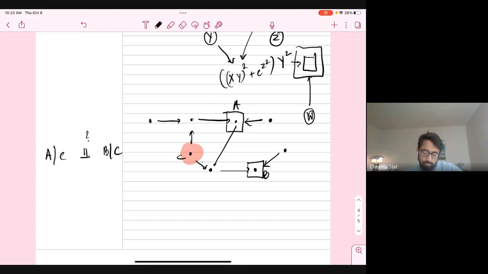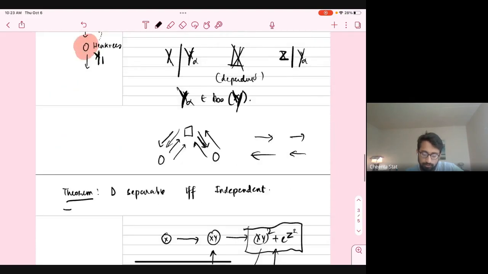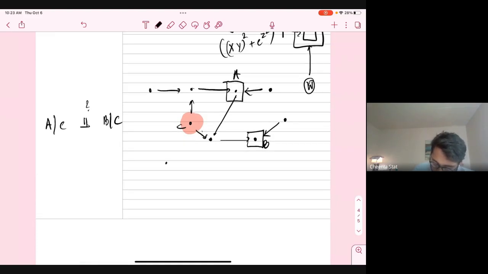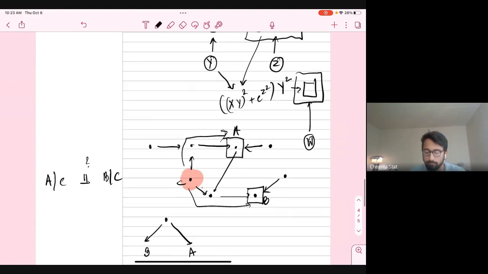So you can see the structure here. That C is pointing to this, and it's pointing to A, and hence they must be D separable by the second condition, the divergence form.